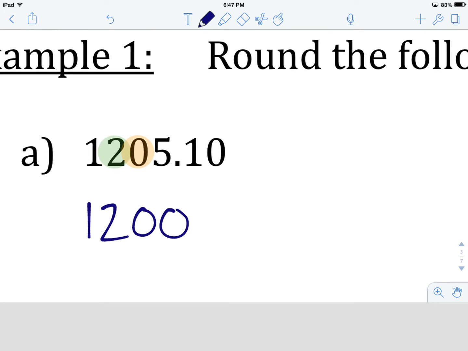Now you'll notice that I didn't bother to write down anything after the decimal sign, and that's because those zeros did not help me maintain my place value, like those 2 zeros did after the 2. If I hadn't written those 2 zeros, I would have ended up with a 12. But I had to make sure that we maintained our place value at hundreds, so we had 1,200 as our answer. That's a rule that we're going to be applying when we're doing any type of rounding.